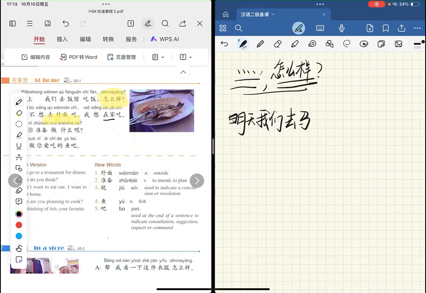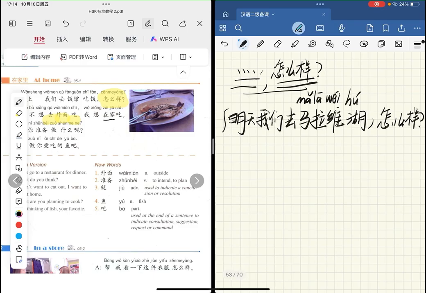Do you remember? 马拉维, Lake 湖. 明天我们去马拉维湖. This is a statement, my suggestion, right? And I add 怎么样, how about going to Lake Malawi tomorrow? You can just answer this question: you want to go there or you don't, and you can just tell me. Okay?